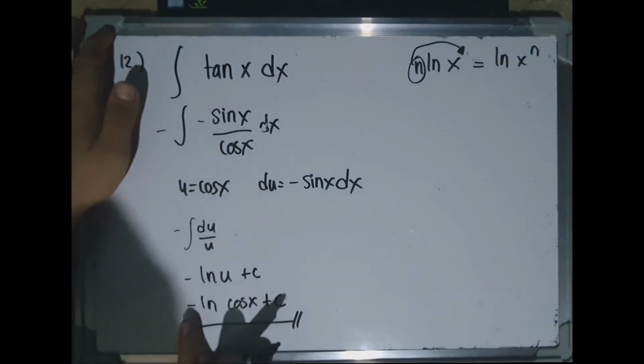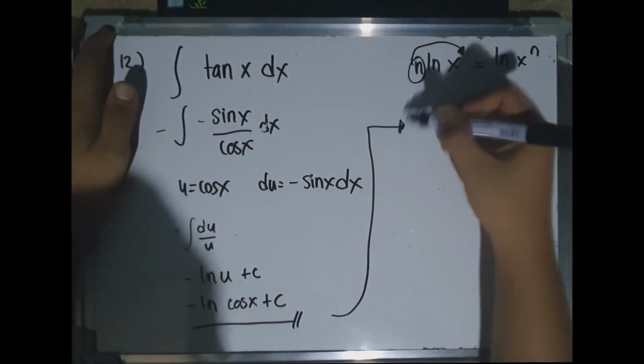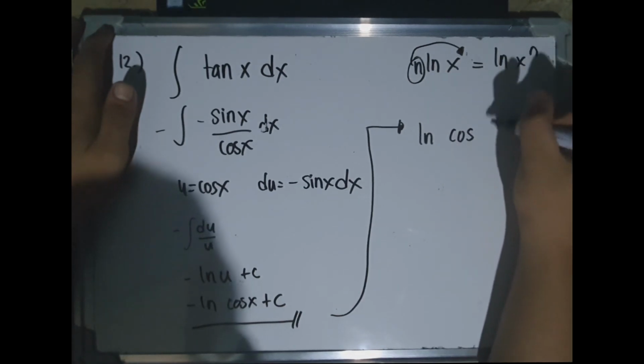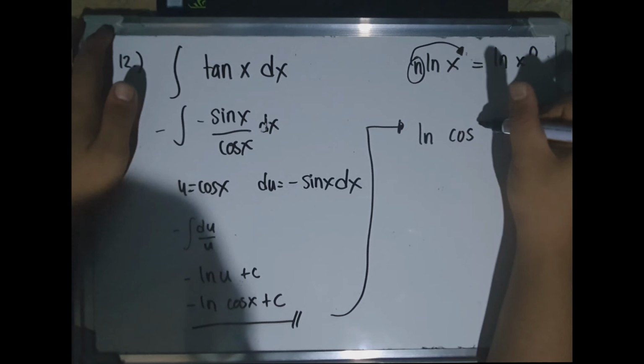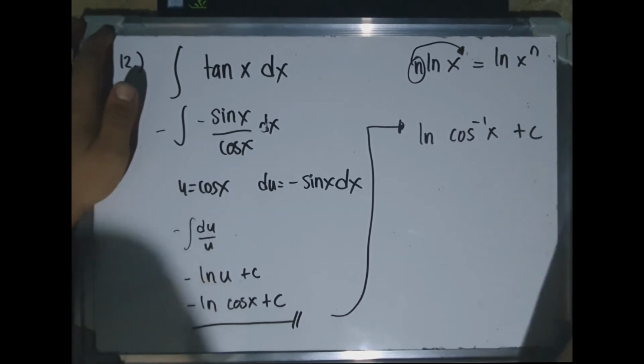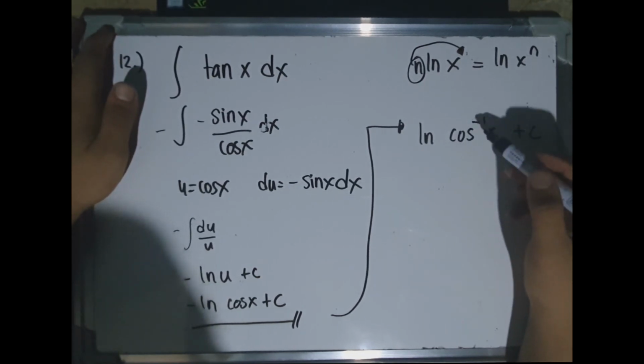So if we place this negative 1 here, ln of cosine of negative 1 x plus c, from our identity, that is equivalent to secant.